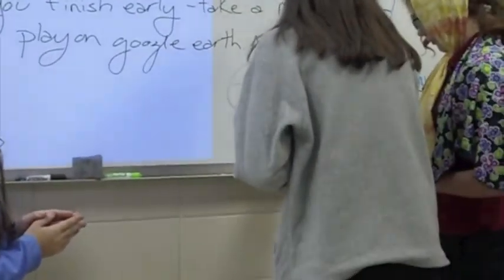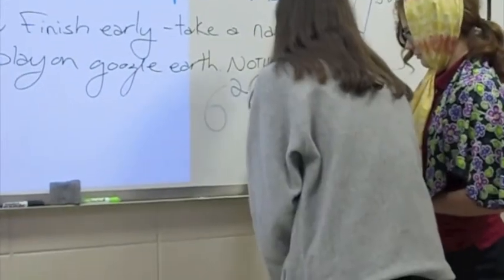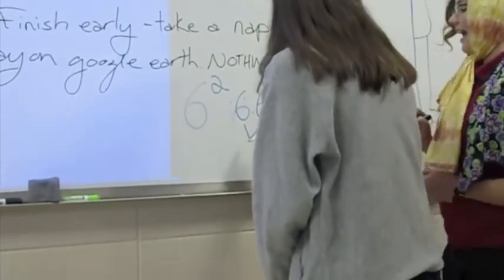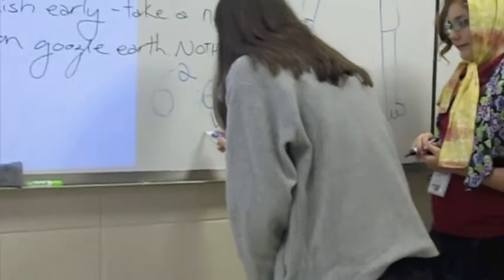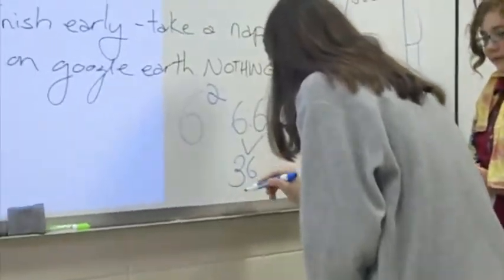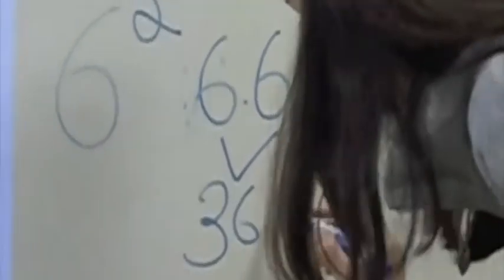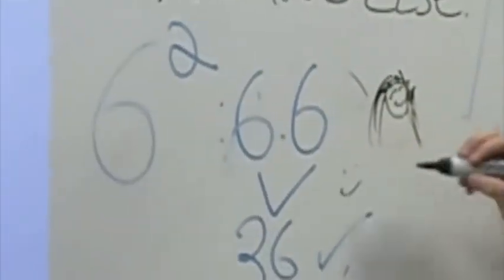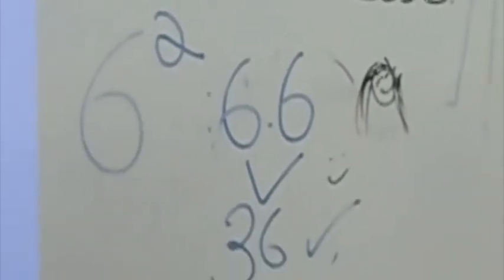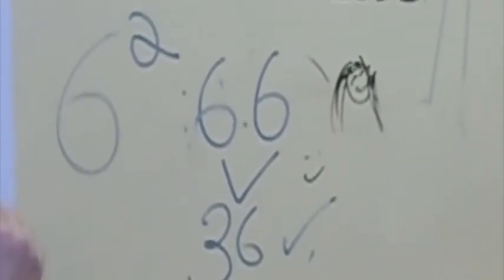Teacher, no doodling. So what does 6 times 6 equal? Correct. 6 times itself gives you 36. And teacher, you keep doodling. It's not my fault. I wanted to be an artist.